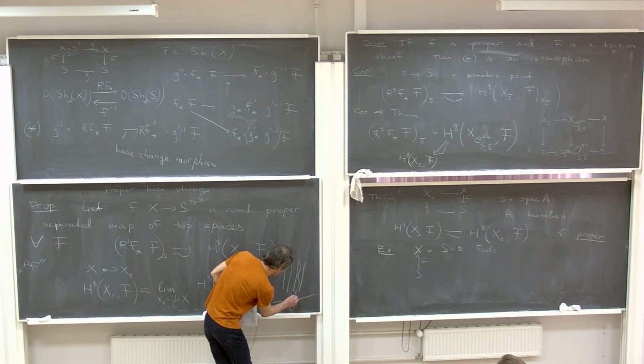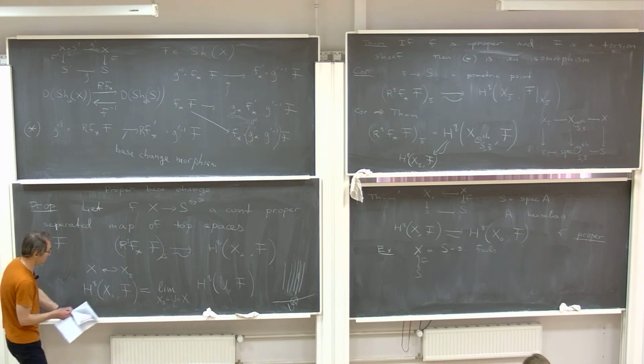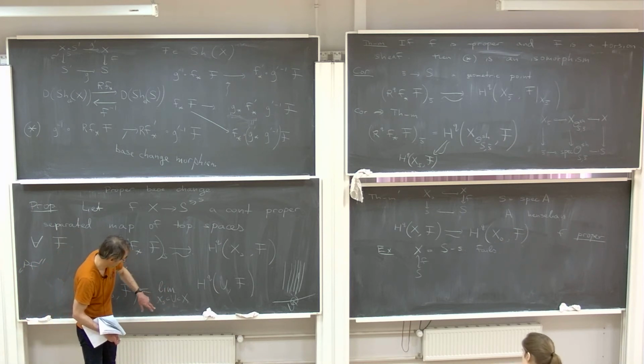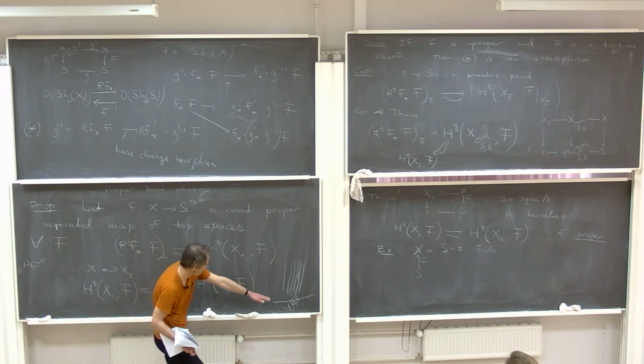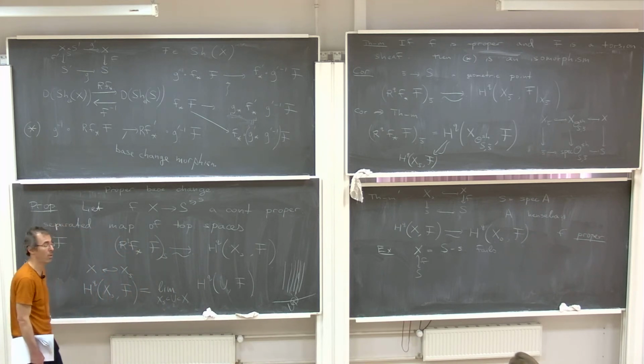So you take a full preimage, and therefore this limit is equal to the limit over the cylindrical neighborhoods, and this is by definition the stalk.